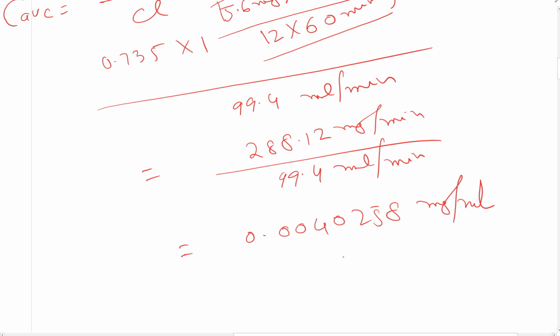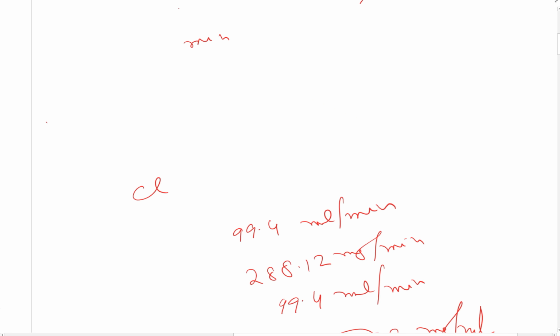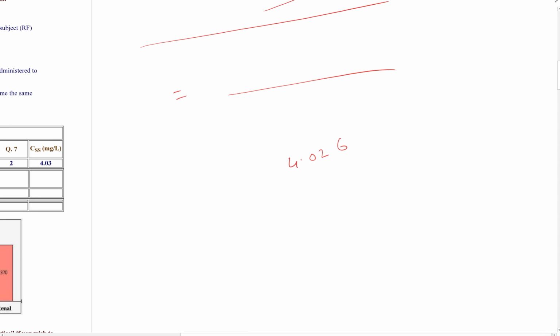Then you can convert to milligram per liter, which will be 4.026 milligram per liter.